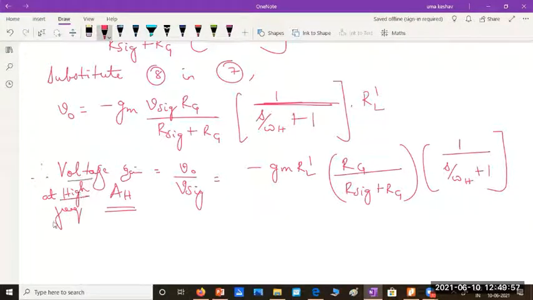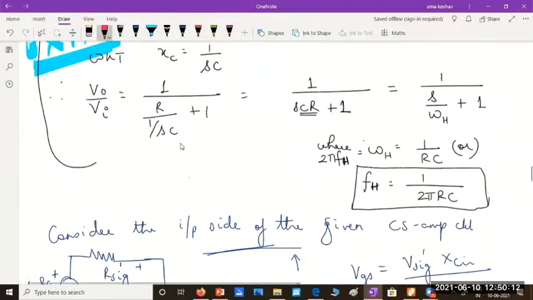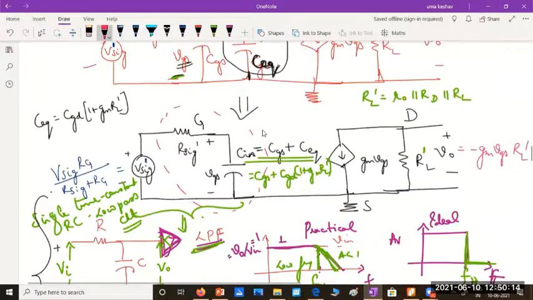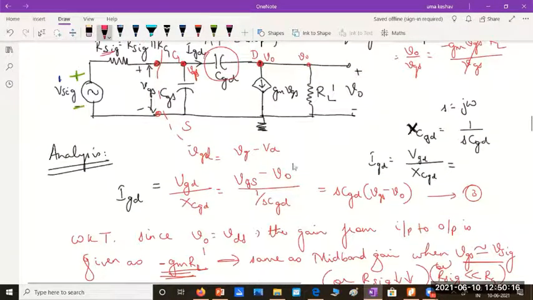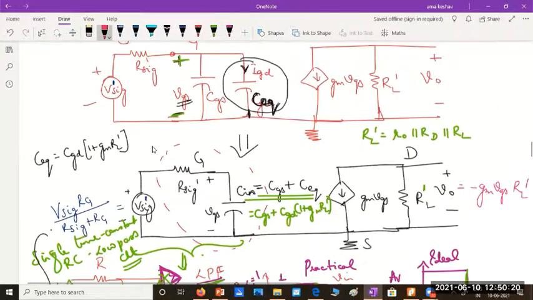We are trying to find voltage gain at high frequencies only. We want what is the behavior of the amplifier at high frequencies. So this output by input voltage is obtained from the high frequency equivalent model of MOSFET. We had written the high frequency equivalent model of MOSFET and we have simplified that model.